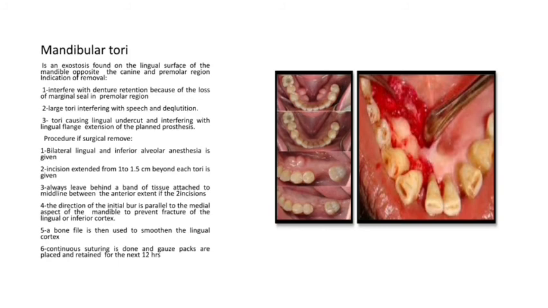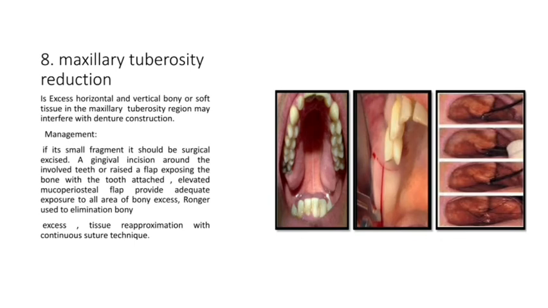Maxillary tuberosity reduction. Excess horizontal and vertical bone or soft tissue in the maxillary tuberosity region may interfere with the denture construction. Management: if it is a small fragment, it should be surgically excised.